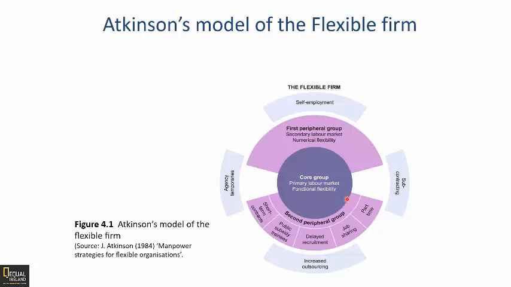Of course, this model is from the 1980s, and we're in 2020 now, so you do have to have a business case for the decisions you make. We've seen increased outsourcing, and even agency type work can be expensive, so organisations have to make some big decisions in terms of that.